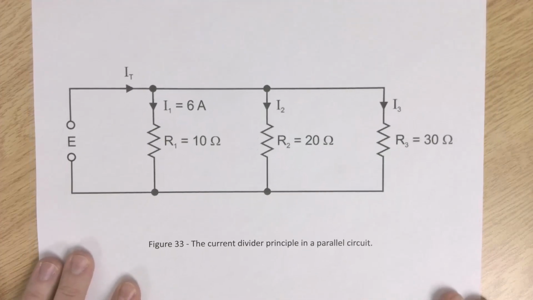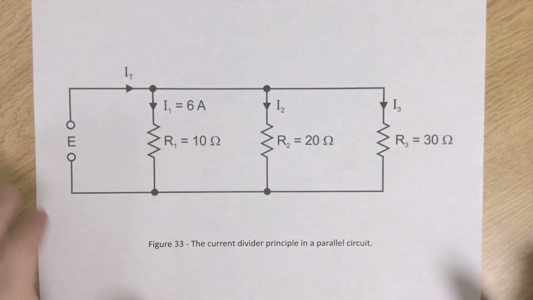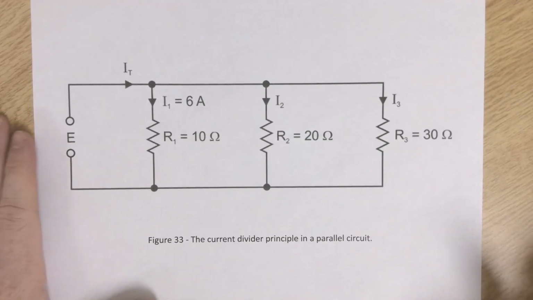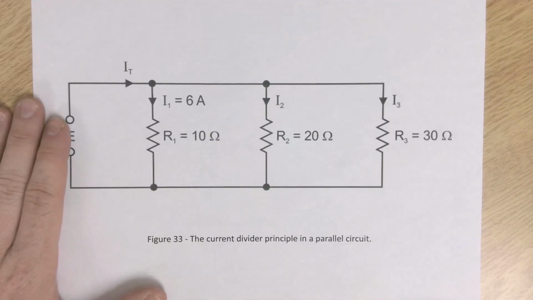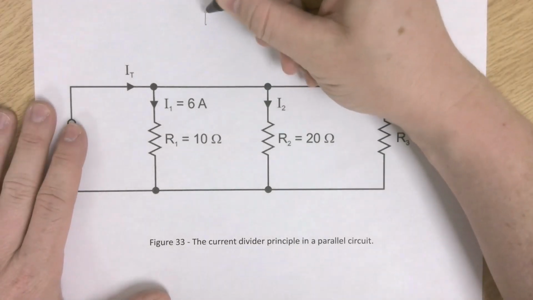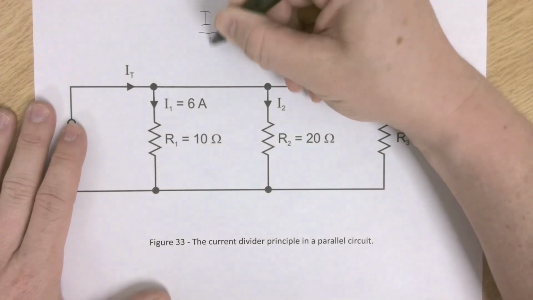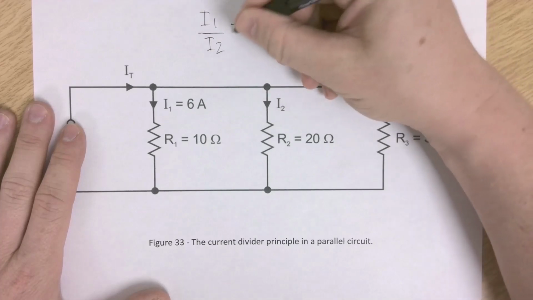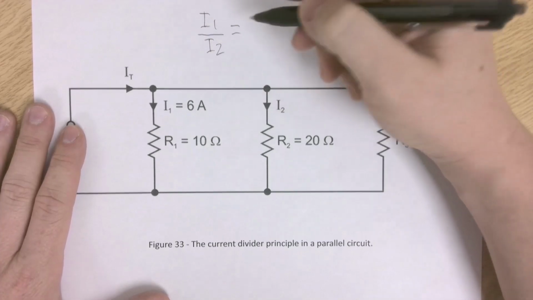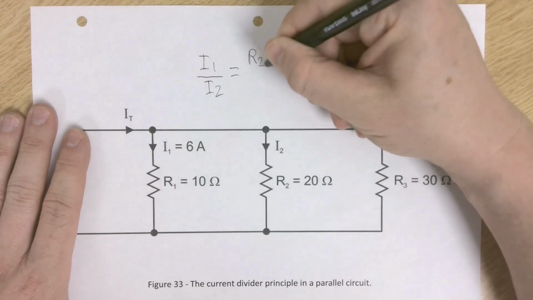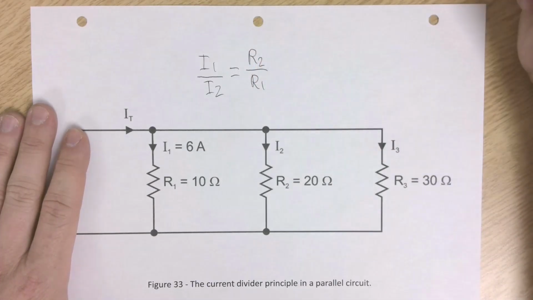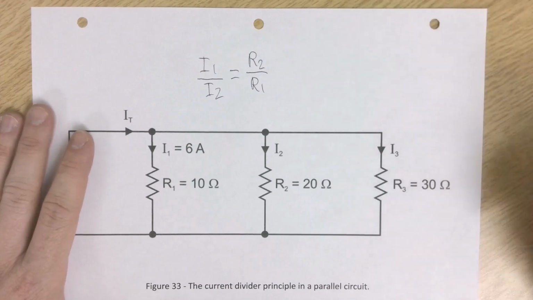So having done that transposition on that last diagram, I now know that I can just take I1 over I2, and that's going to be equal to, as long as I keep that inverse relationship, R2 over R1. If they gave me another load, I would know, sure.